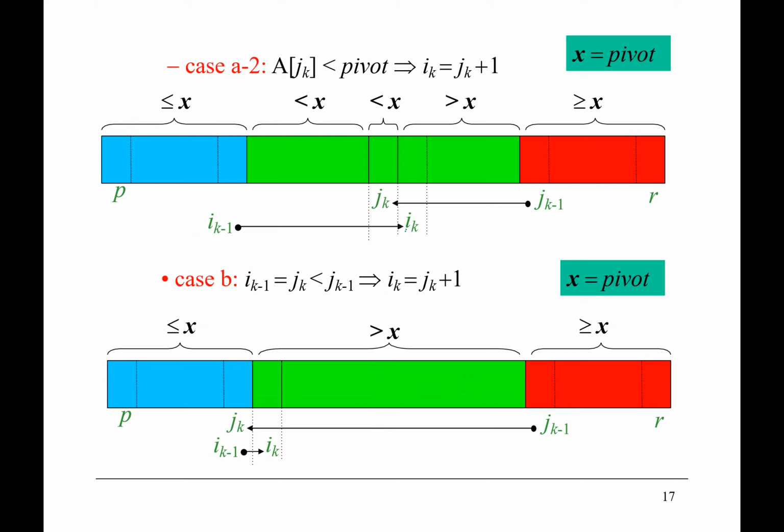Case 2 happens when i_k is equal to j_k plus 1. It just crosses somewhere at j_k and moves forward one more place. What happened, we see in this outer loop: we have two repeats. We start from the right side and increase this right region.